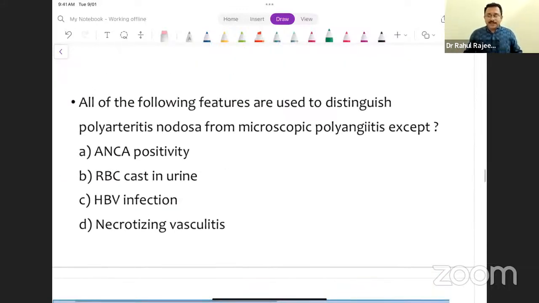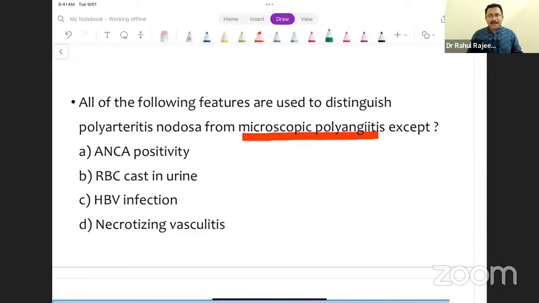All the following features are used to distinguish polyarteritis nodosa from microscopic polyangiitis. So as you all know, this microscopic polyangiitis entity was previously referred to as microscopic PAN, microscopic polyarteritis nodosa. But now that term does not exist. It is microscopic polyangiitis. Now let us see the options. Option number 1 is ANCA positivity.